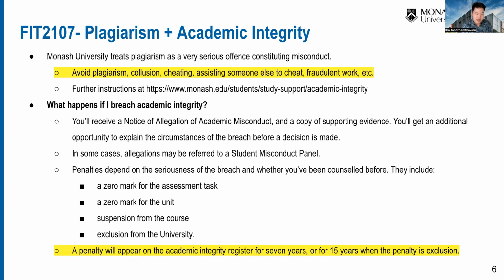I just want to note that a penalty will appear on the academic integrity register for 7 years, or 15 years when the penalty is exclusion, right? So try to avoid it. We can discuss further if you have any difficulty completing the assignment, but try to avoid plagiarism at all, okay?